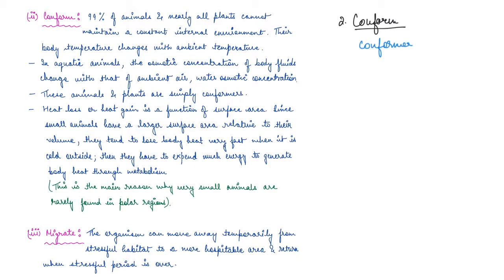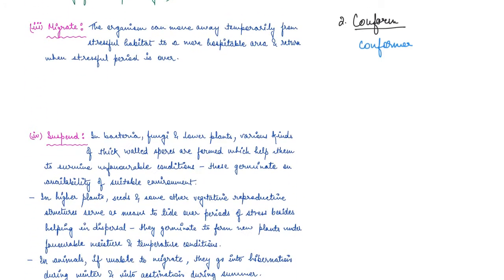So if the stressful external conditions are localized or remain only for a shorter duration, then the organism has two other alternative ways of survival. Now, what are these ways? The other one is they migrate.